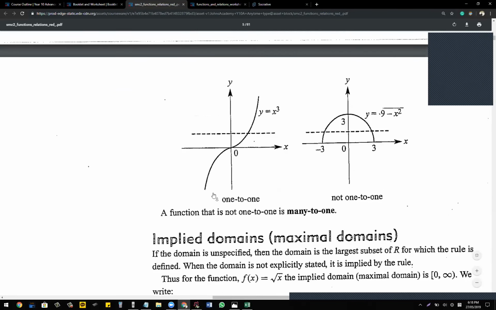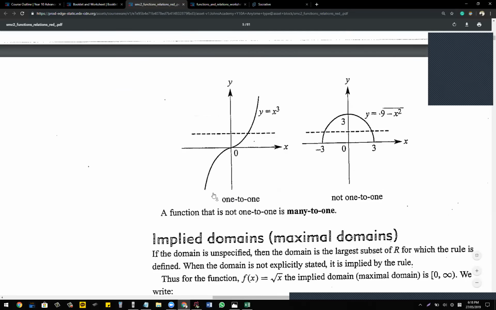This one is not increasing, not decreasing. This is not one-to-one. Of course, when you draw the horizontal line test, it passes through more than one point. It passes through infinitely many points. So that is not classified as one-to-one.